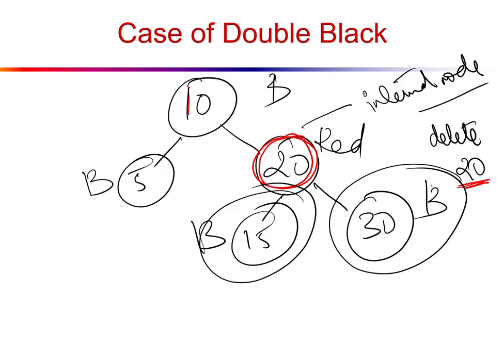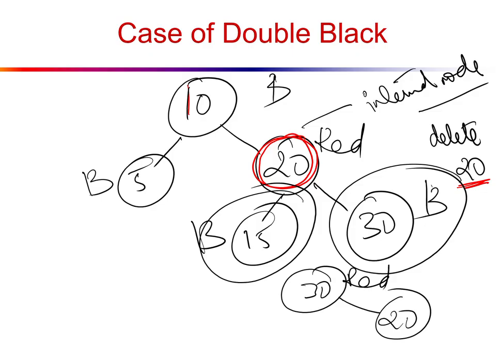So even if I go for replacement, what will happen? I can replace 20 with either 15 or 30. But even then, will I be able to delete node 20? In that case, what will happen, guys? That 20 will come at the leaf position. But even in a scenario where 30 comes here and 20 comes here, the color does not change while replacement.